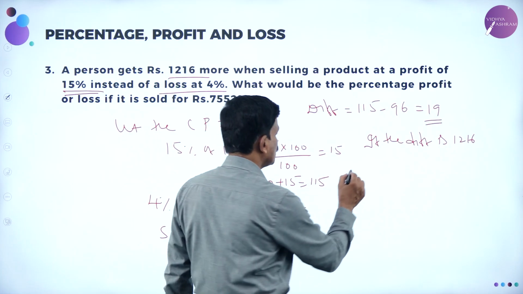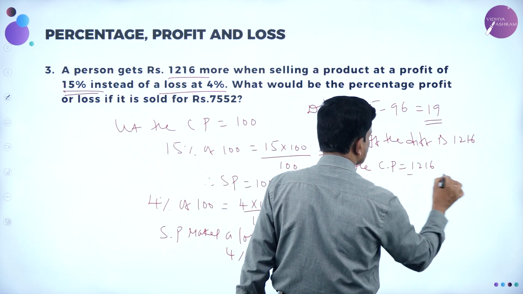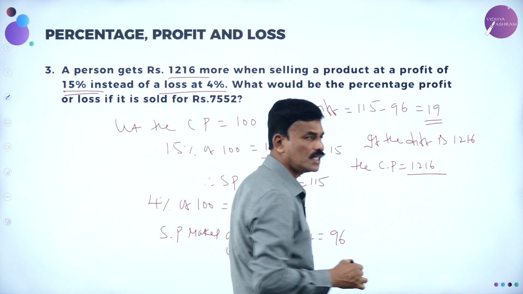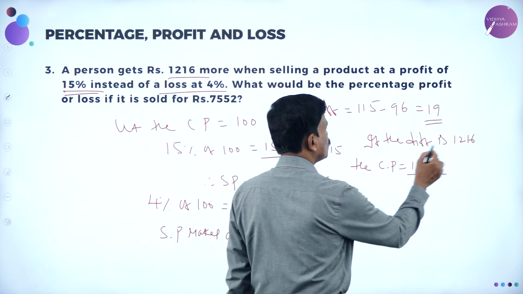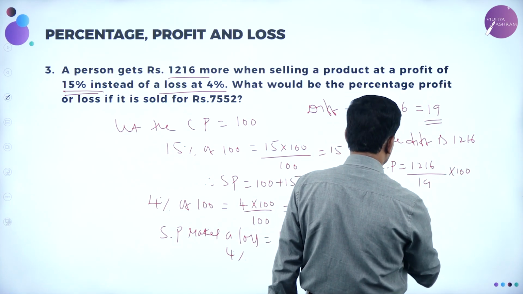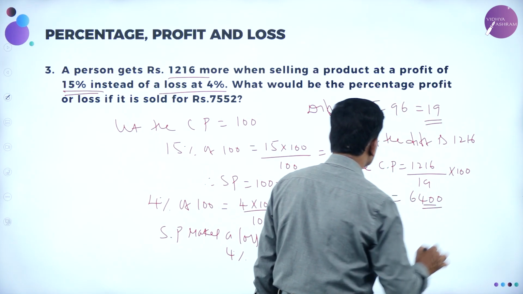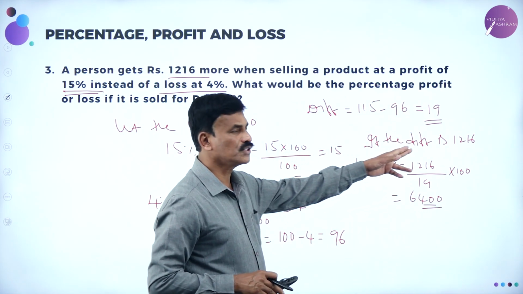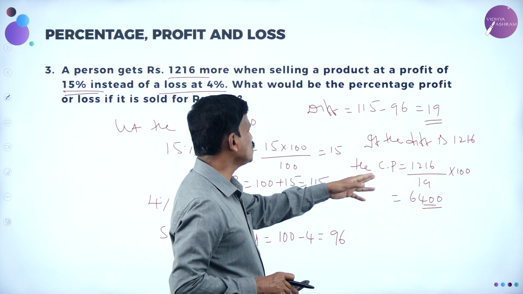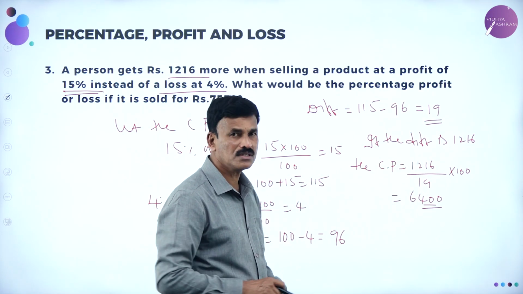Then the CP is equal to 1216 divided by the difference 19 into 100. What is this equal to? 6400, right? So if the difference is 1216, then the CP is equal to 1216 by 19 into 100, that's equal to 6400.